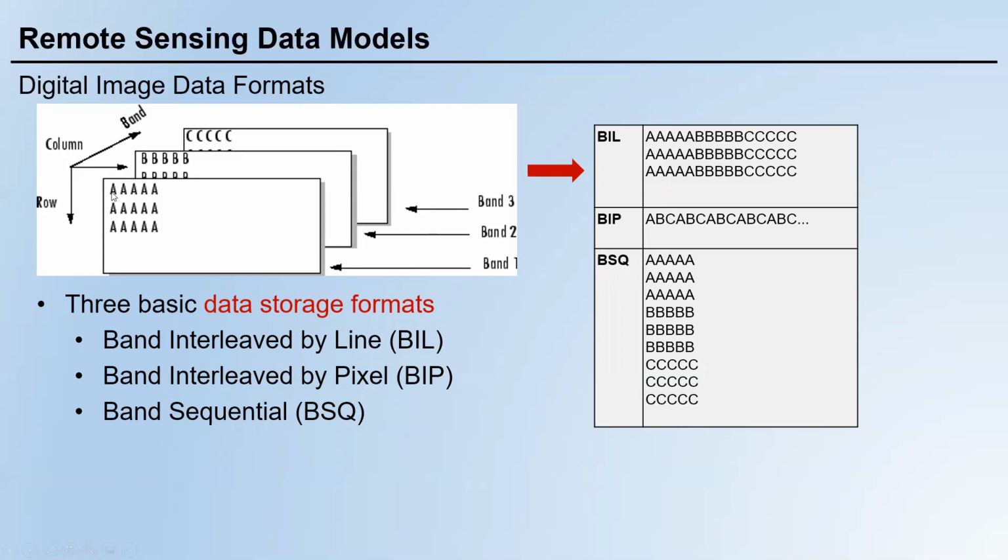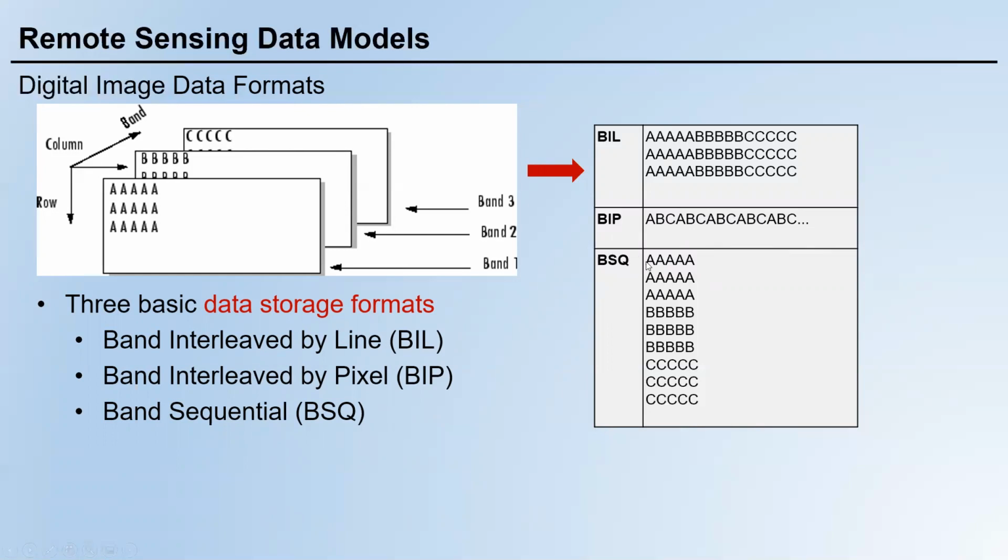Pixel with row 1, column 1. Now I have finished the storage of pixel 1. Let's jump to pixel 2, which is row 1, column 2. Then pixel row 1, column 3, pixel row 1, column 4. When all pixels in row 1 have been finished, we go to row 2 and repeat this process. That's BIP.